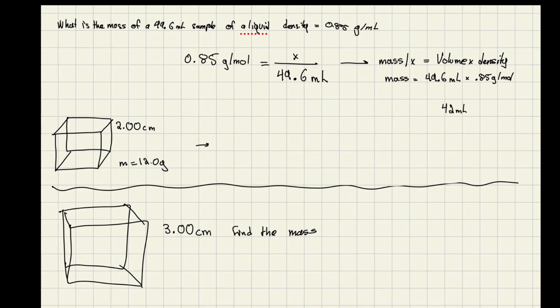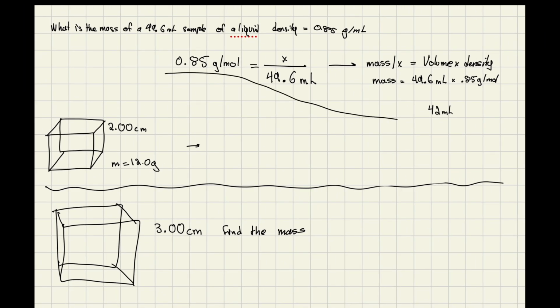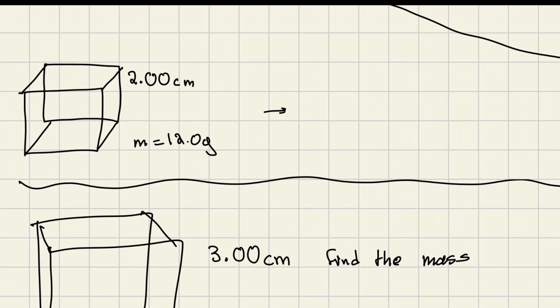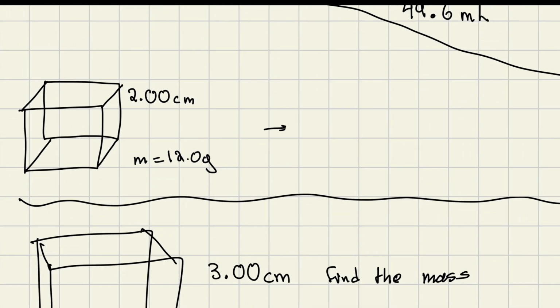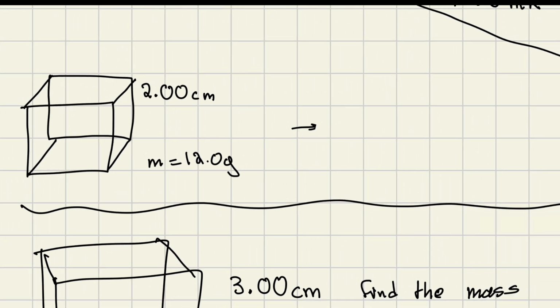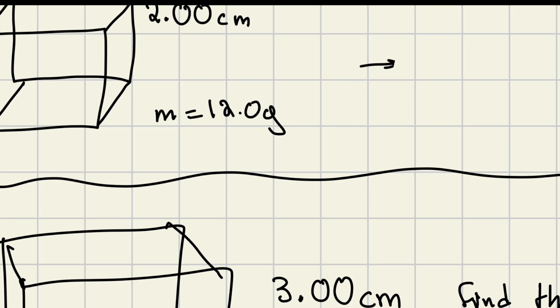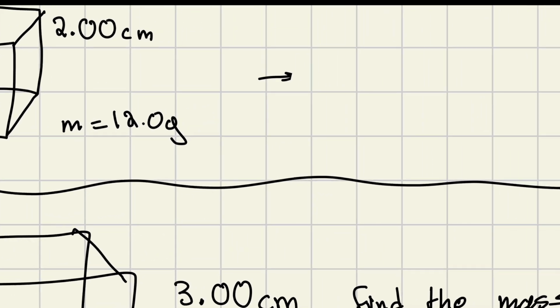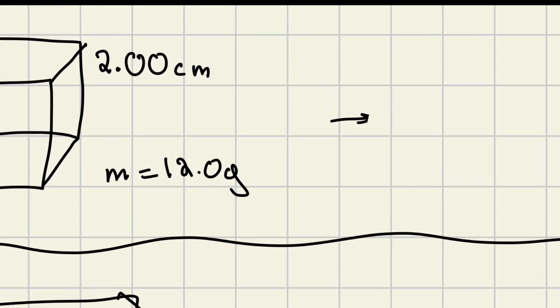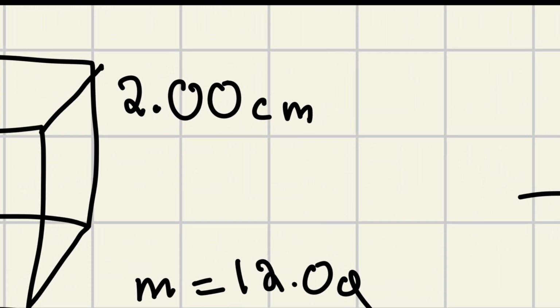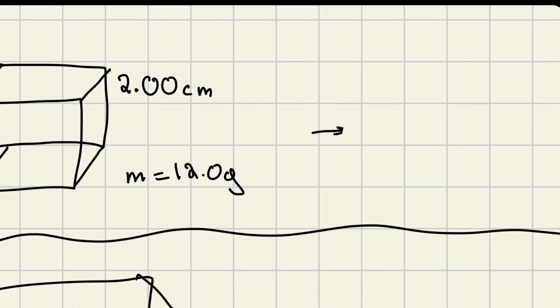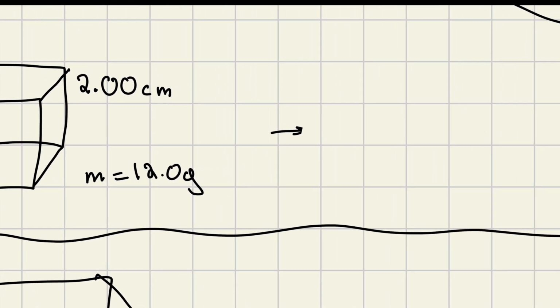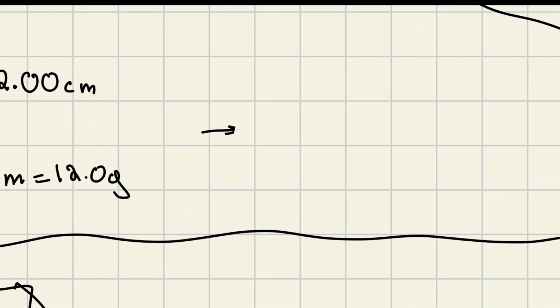Now, this is actually a separate problem, but I drew this nice cube. So what if they gave us centimeters and the mass here? So we don't know the density, but we can figure out the volume using this. It's just length times width times height, which for a cube, it'll be all the same.